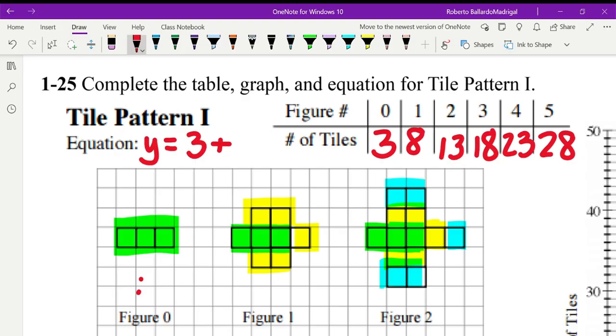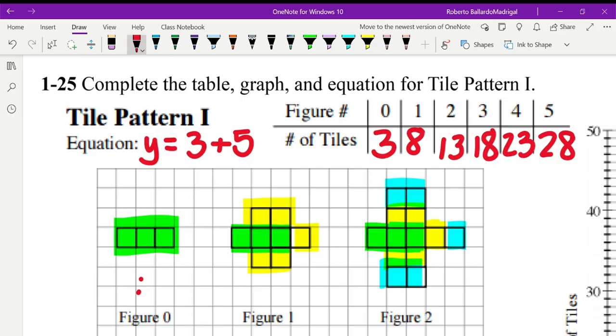Once again, we start with 3 blocks and we're adding how many blocks? 5 blocks. So we're adding 5 blocks every time we introduce a new figure. So that's going to be 5. And where do you think I'm going to place the x? Next to the 3 or next to the 5? What do you think, Roberto? Next to the 3?